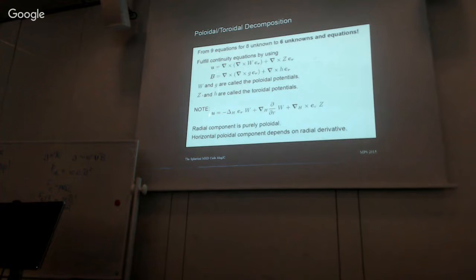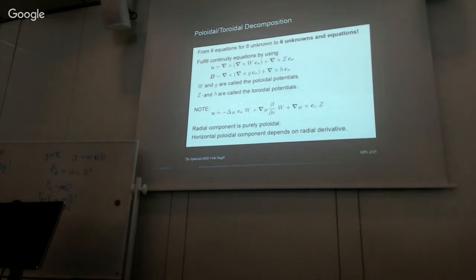Okay. And what you have written down, actually, is the components of the flow velocity expressed in terms of poloidal and toroidal field contributions. And you can see that the toroidal field has no radial contribution. The only radial contribution comes from the poloidal field, and this has this horizontal Laplacian in front of it.